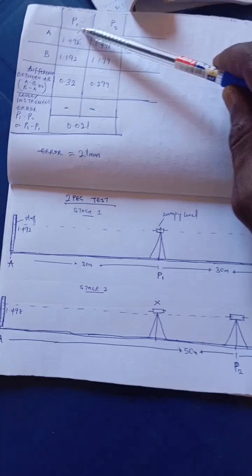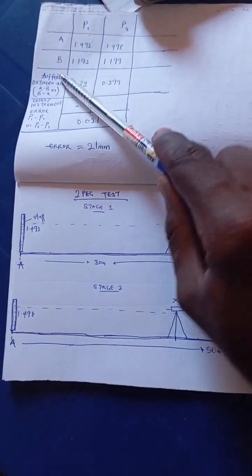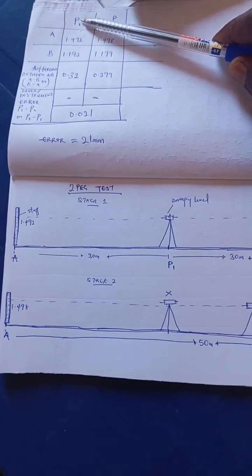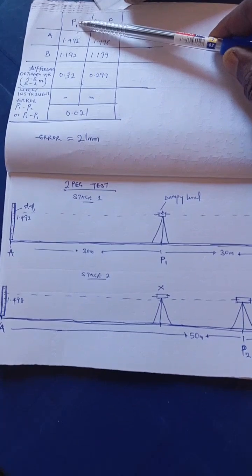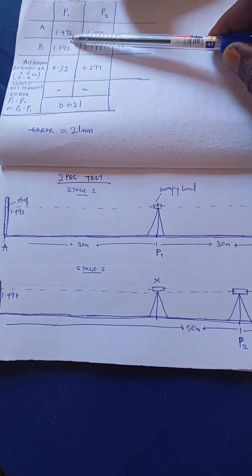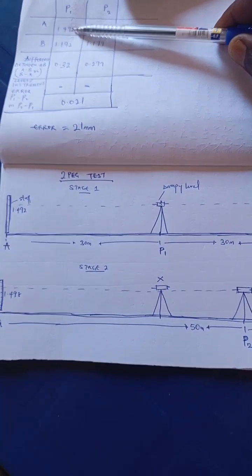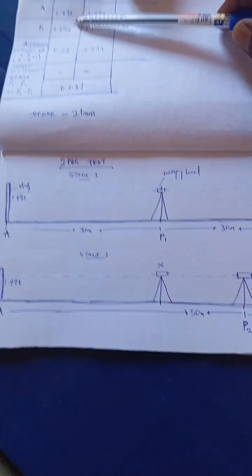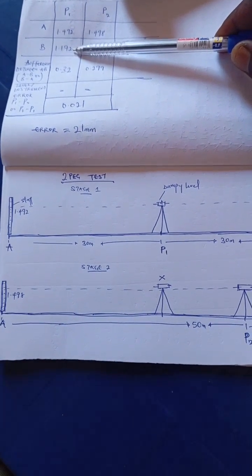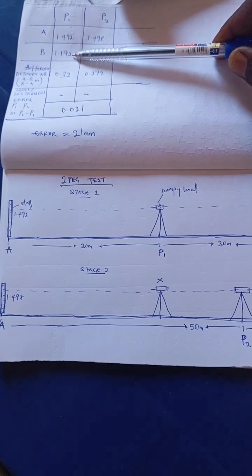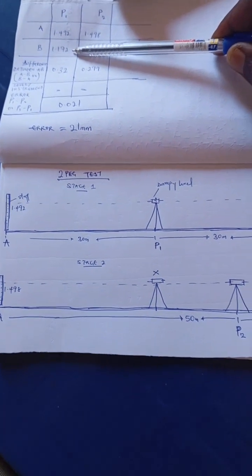As you can see here in this table, my station 1, which is the center, which is P1, my reading at point A is 1.492, and my reading at point B is 1.172.